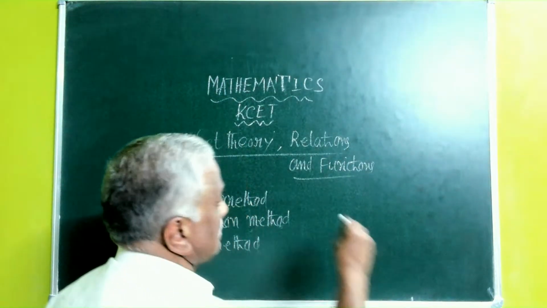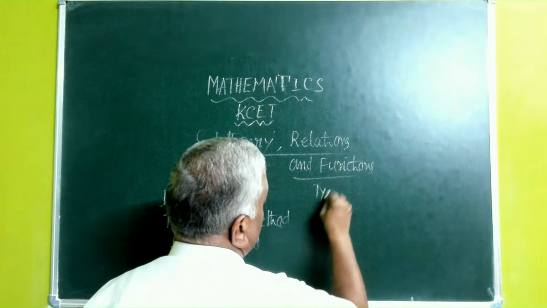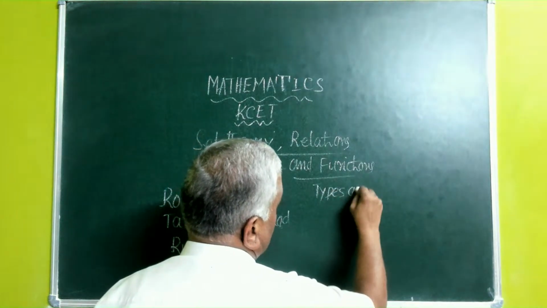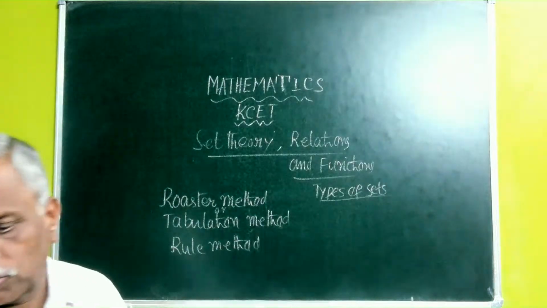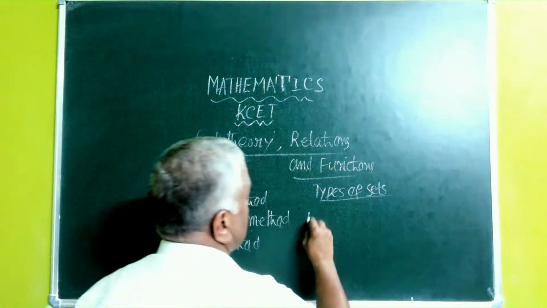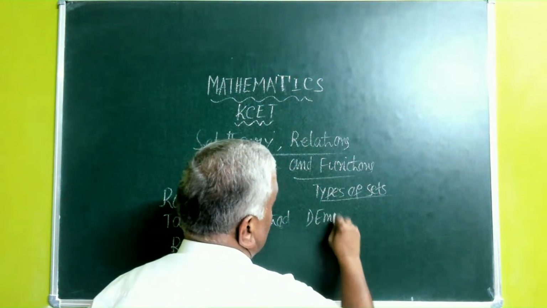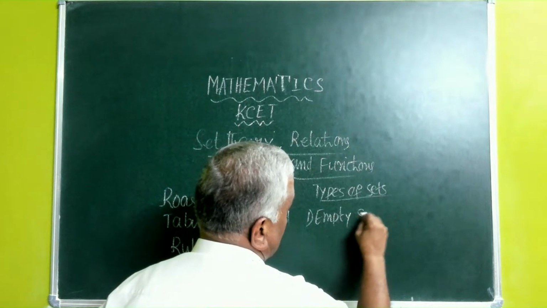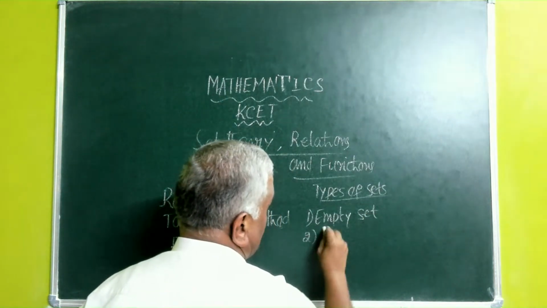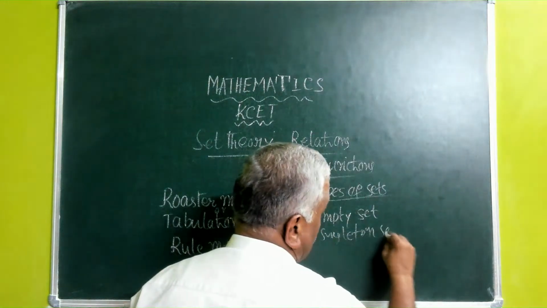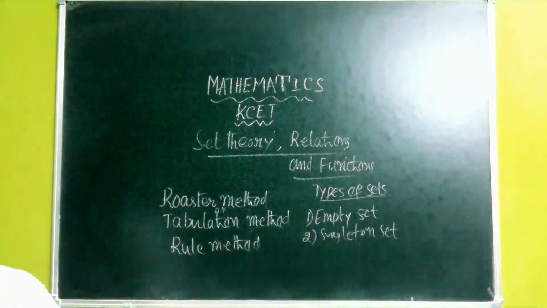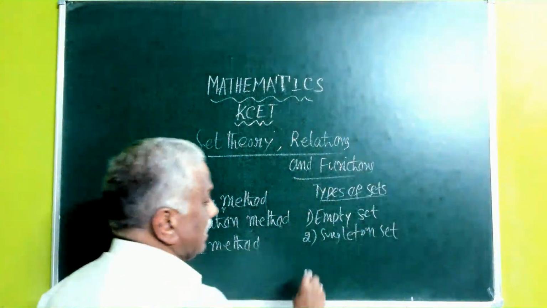Now, next we have to discuss types of sets. What are those? First is the empty set. Singleton set. Then finite set and infinite set.